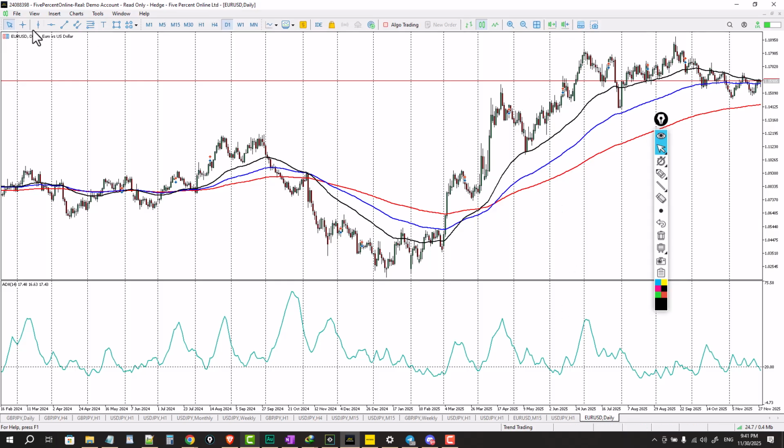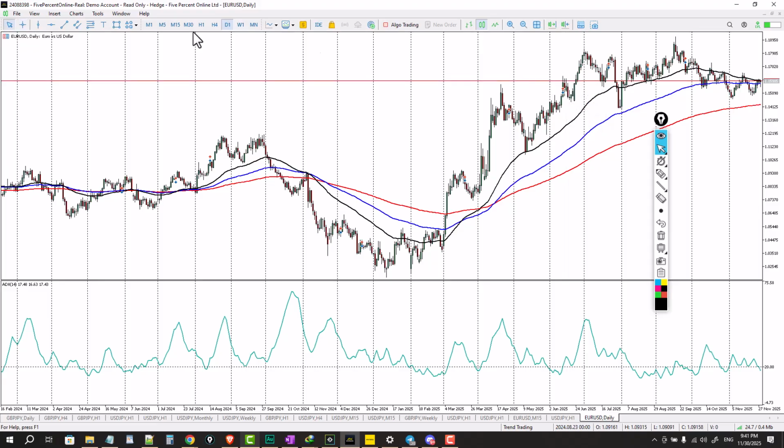So in this case, if we use this approach where we wait for the ADX to go from going below the 20 line to crossing above it, this would have been around the area where we would have identified that the direction of the trend for the ADX on the daily time frame is bullish.